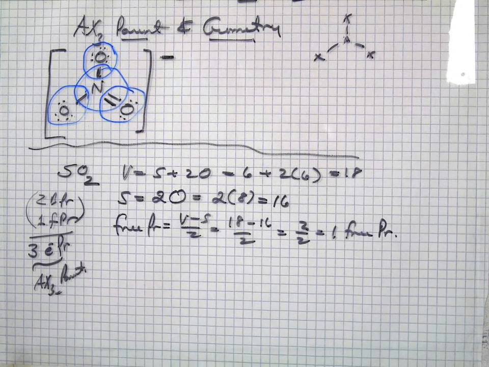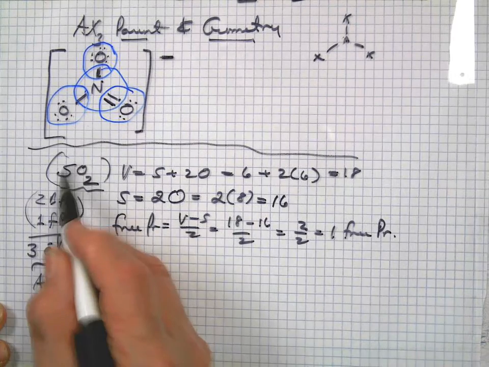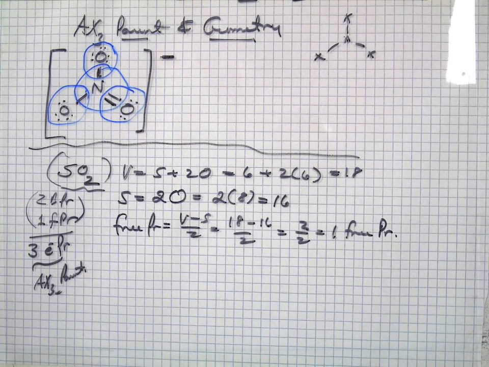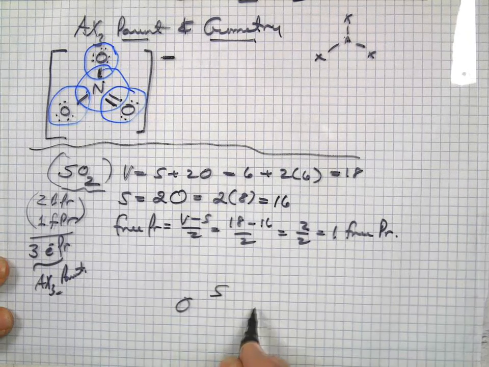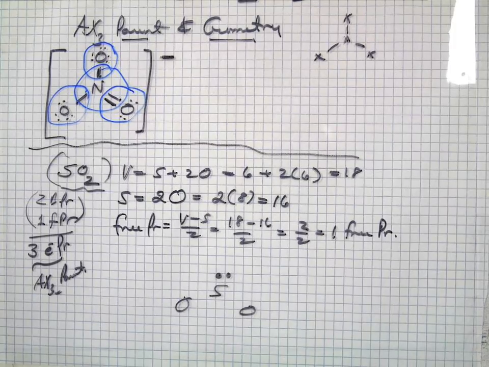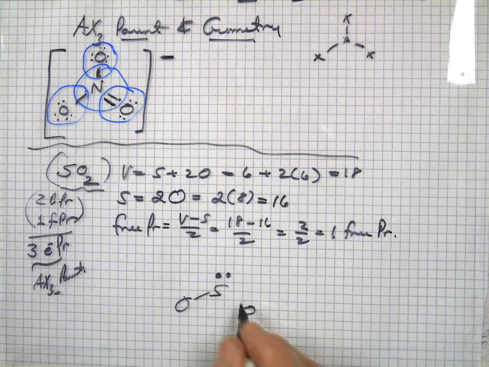So that's basically what we're trying to work with right now. Even though it shows up looking like this, the electron pairs have to be set in an arrangement that meets the trigonal planar. So you will have a sulfur and 2 oxygens in here, but you're also going to have a non-bonded pair in there somewhere that will conform to the octet. And put a bond here and a bond here.